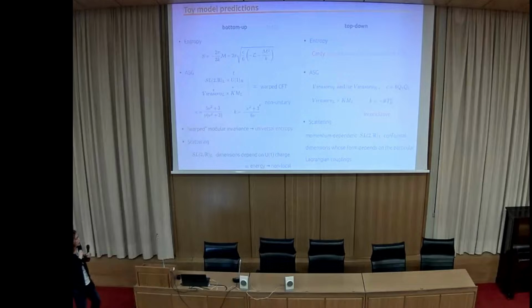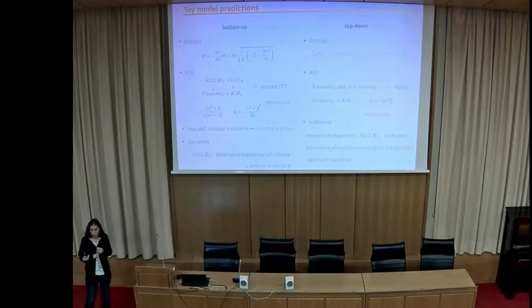So the boundary conditions that produce warped CFT kind of stuff tend to give negative level. They look non-unitary, but it's absolutely not clear whether these are the correct boundary conditions. It's also absolutely not clear whether these are valid toy models for anything that you may be interested in.